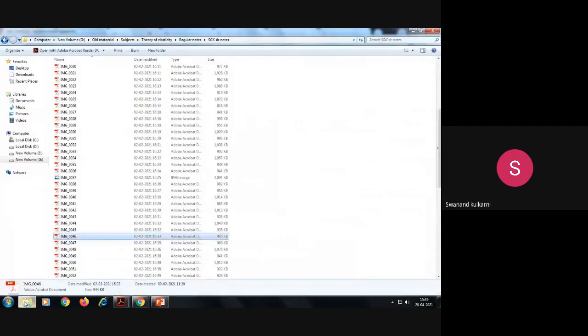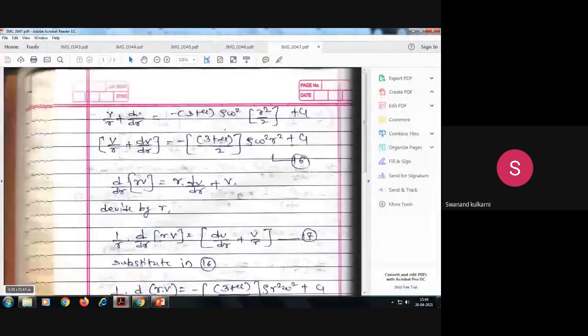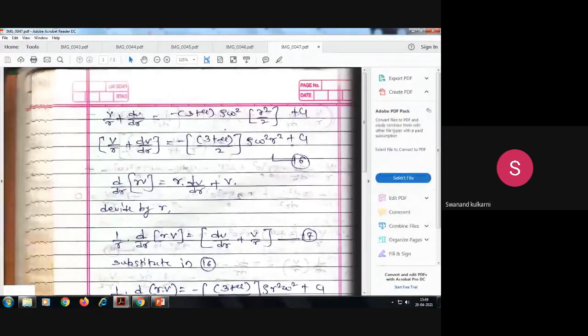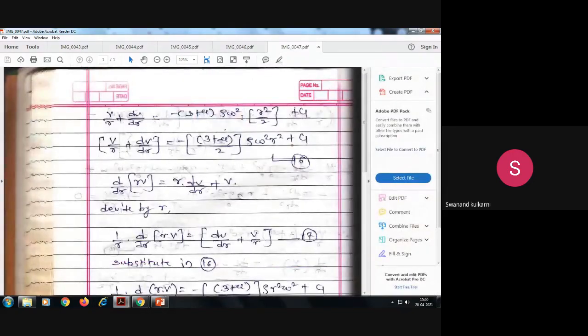Is it okay? So after integrating this equation, what we get, v upon r plus dv by dr, and for this integration, minus into bracket (3 plus nu) rho r omega square.